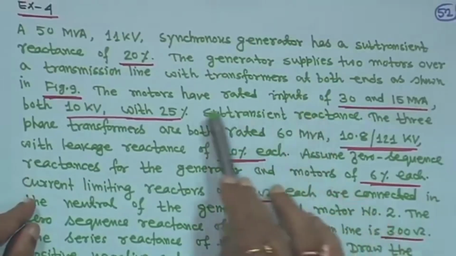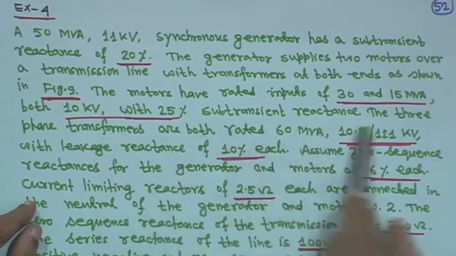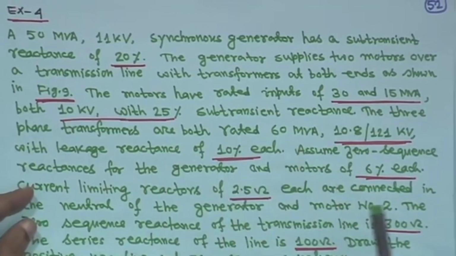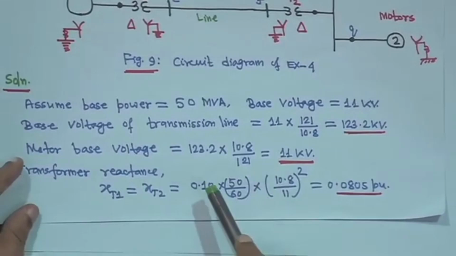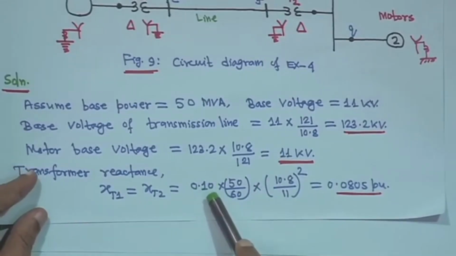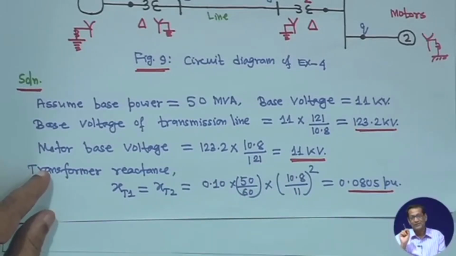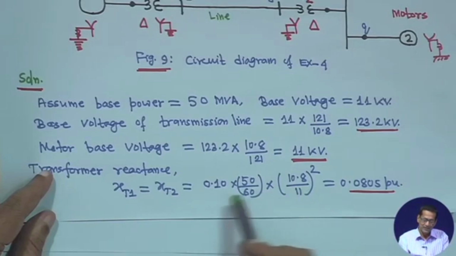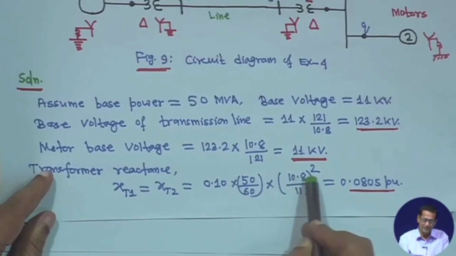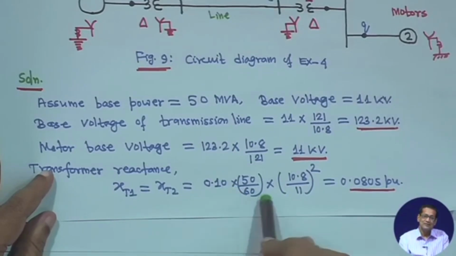Here it is given that the motors are rated at this and the 3 phase transformers are both 60 MVA, rated at 10.8 by 121 kV. So, the per unit impedance is given as 0.1, right. First is the transformer base impedance, 10.8 squared by 60, and if you multiply with that, that is its ohmic value on its own base.